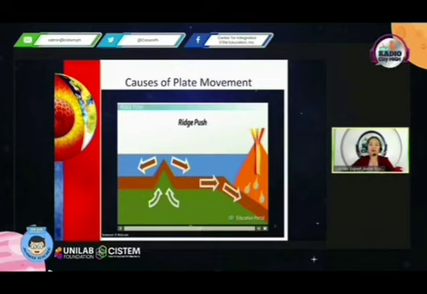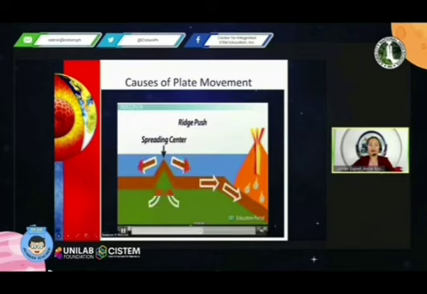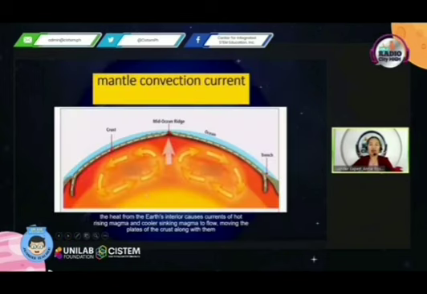In ridge push, the mantle wells upward because of the convection and elevates the edges of spreading oceanic plates. Because these plates are higher at the spreading center, they are forced downhill due to gravity and eventually flatten out to the ocean floor. It gives the plate a push along as new crust forms behind the plate at the spreading center. This is like those coin bulldozers at the fair where one new coin may push forward and knock others out of the way.